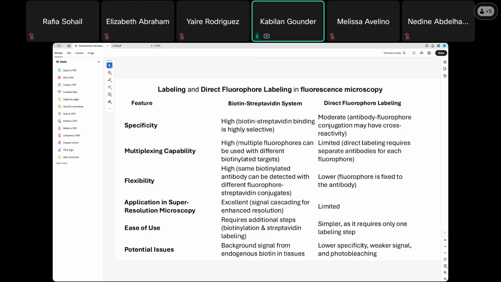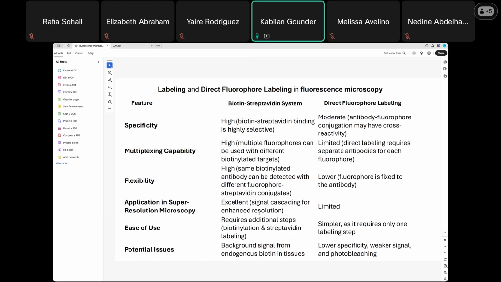Also the flexibility: the same biotinylated antibody can be detected with different fluorophore-streptavidin conjugates, whereas here it is lower because the fluorophore is fixed to that particular antibody.